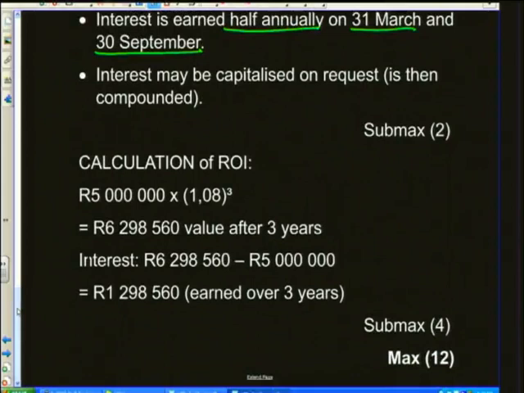Okay, so calculation of our return on investment. So we've got 500,000 Rand times 8%, right? And it's over 3 years. So at the end of our 3 years, our investment value is going to be 6,298,560 Rand, right?